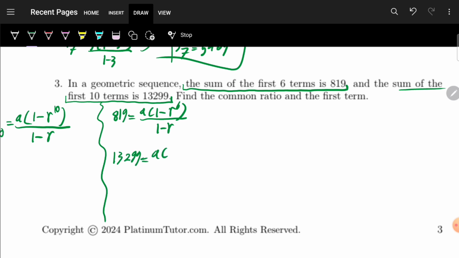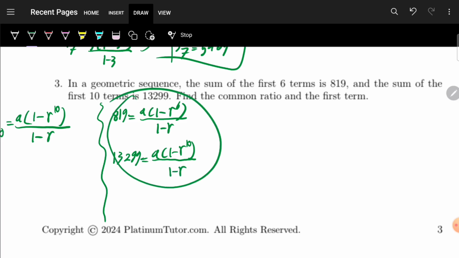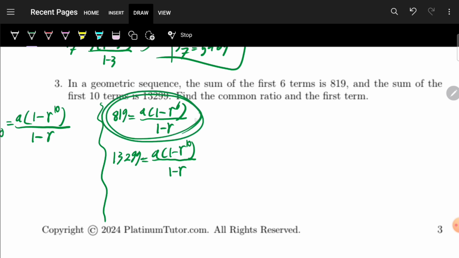So that's equal to A, 1 minus the same common ratio, because we're talking about the same geometric series, but this time this will be raised to the power of 10 all over 1 minus R. Okay, we have 2 unknowns, A and R, and we have 2 equations, so we should be able to solve for A and R. What I'll do is solve for A in the top one and plug it in the bottom one.